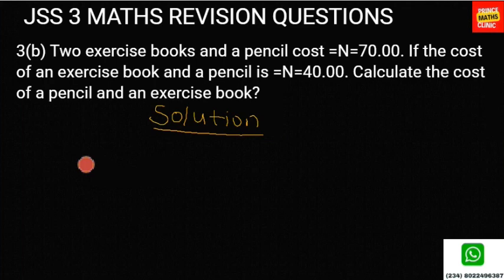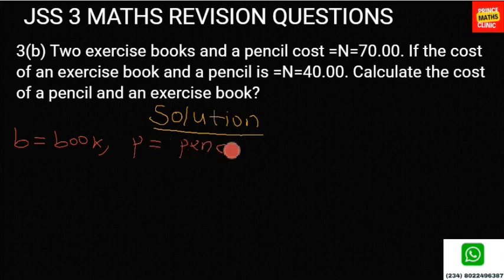3B question is interesting. Say what problem that should lead us to a simultaneous equation. Now, the question is saying that 2 exercise books and a pencil. So I will make the exercise book B, B for book, and P for pencil. So the question says 2 exercise books, so I'll say 2B plus a pencil, that is P, is equal to 70 naira.